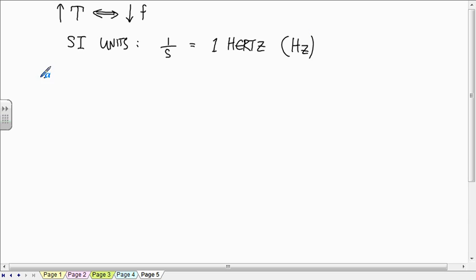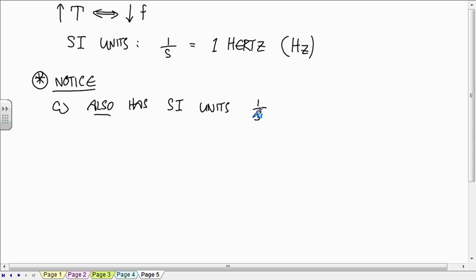One thing to notice about the units is that angular frequency, omega, also has SI units of 1 over seconds.